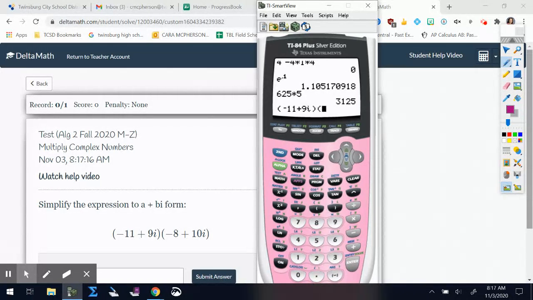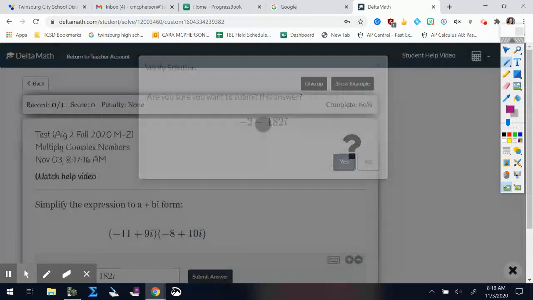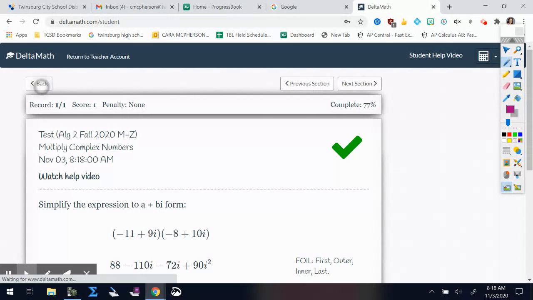Close that parentheses, and then negative 8 plus 10i. Close that parentheses. You get negative 2 minus 182i. And that is your multiplying, totally calculator based.